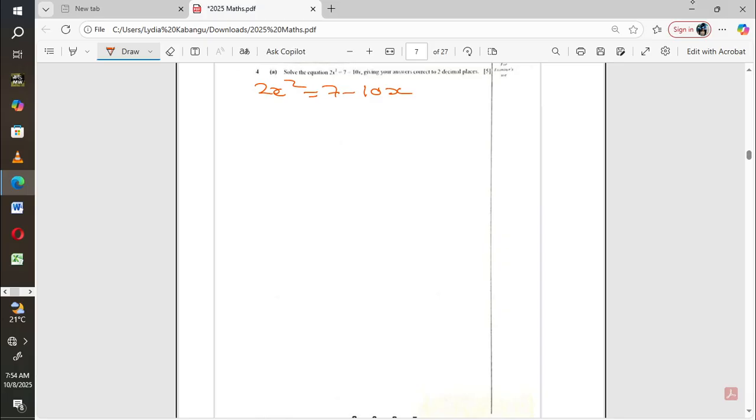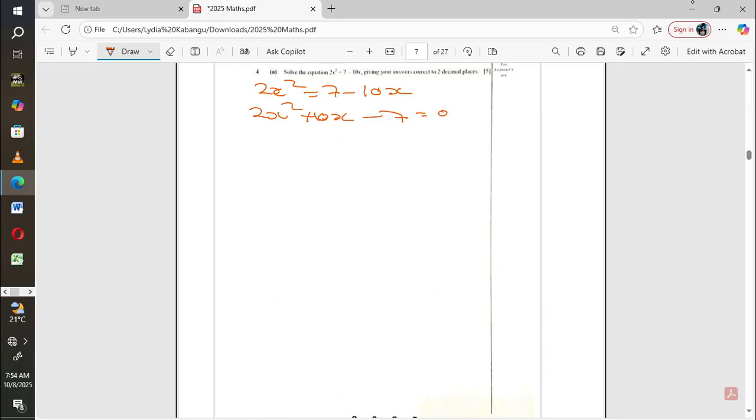So if you just look at this equation, meaning we have the square there. So let's try to arrange it nicely. We have 2x squared plus 10x minus 7 equals to 0.